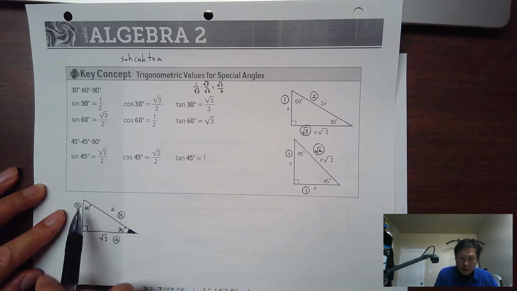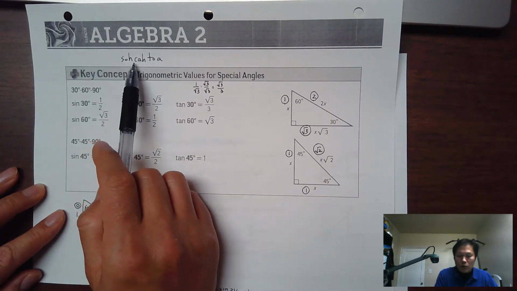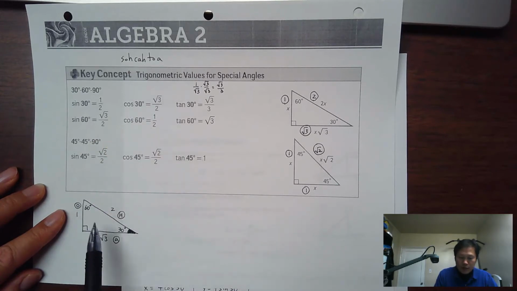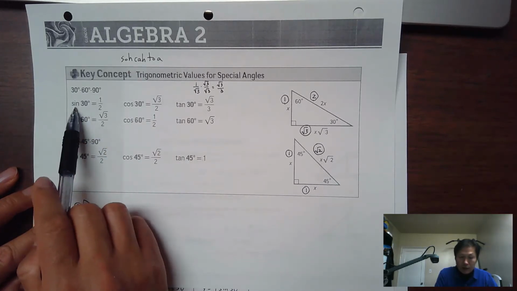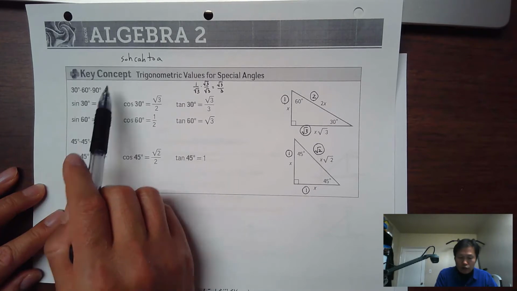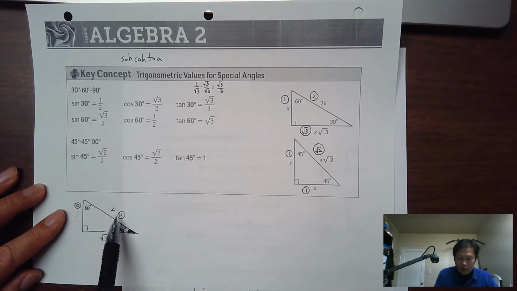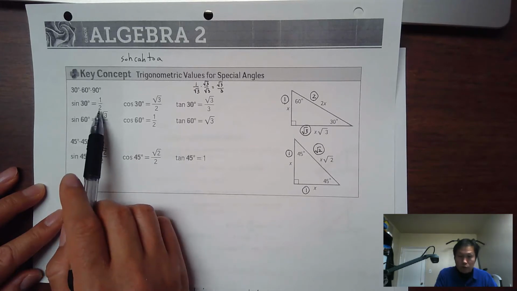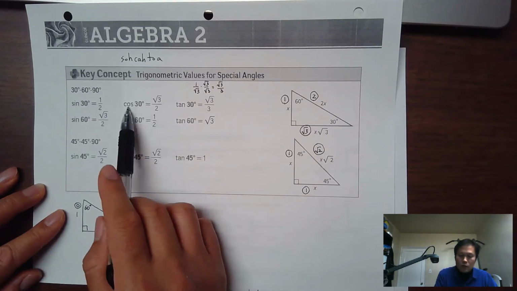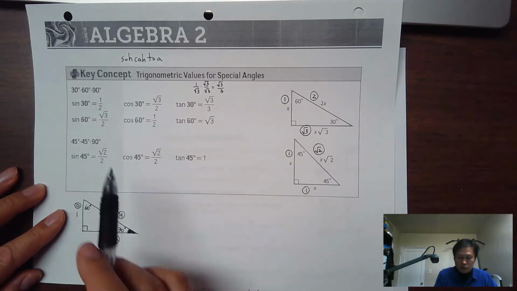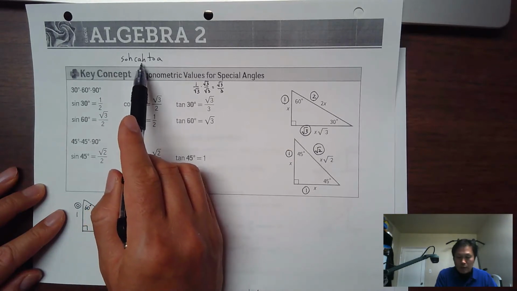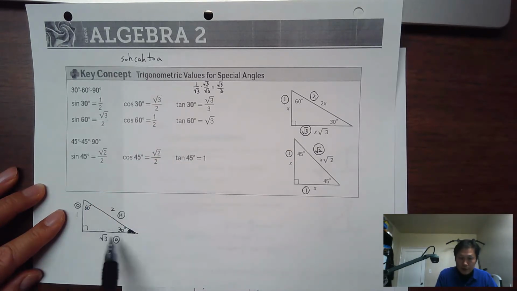Once you do that, you can apply SOHCAHTOA. Sine 30 degrees is equal to O over H, which is 1 over 2. Cosine 30 degrees will be A over H, so square root 3 over 2.